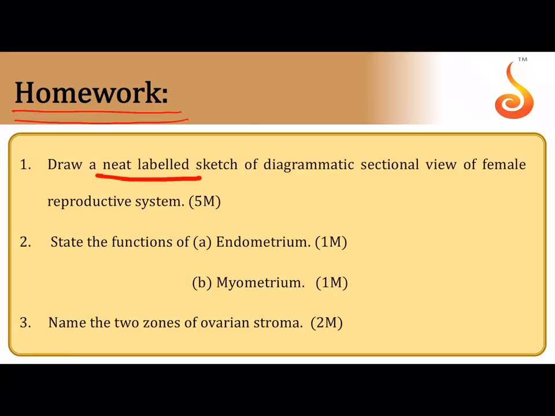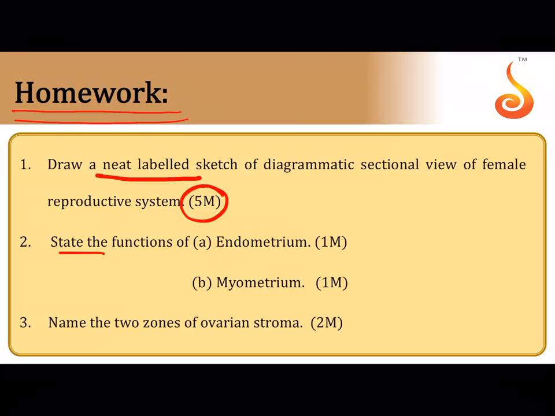A neat labeled sketch of the diagrammatic sectional view of the female reproductive system. So this is a 5-mark question along with a minimum of 8 labelings. Of course, if the labelings are more than 8, that's fine, but a minimum of 8 labelings should be there, and neatness carries 1 mark. A total of 5 marks for this question, which is very routinely asked in your board exams.